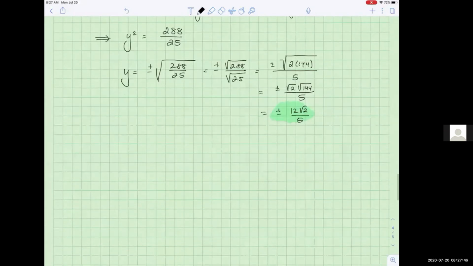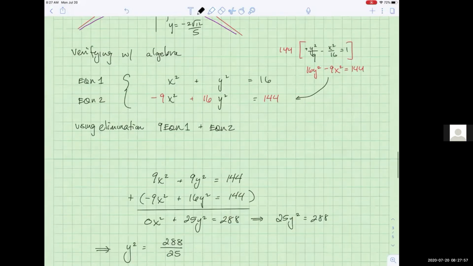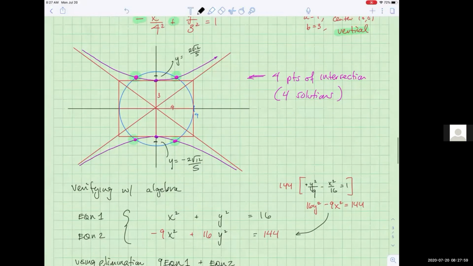Case 1: if y equals 12 root 2 over 5. What did I write up there? Did I just write 2 root 12? Sorry, 12 root 2.